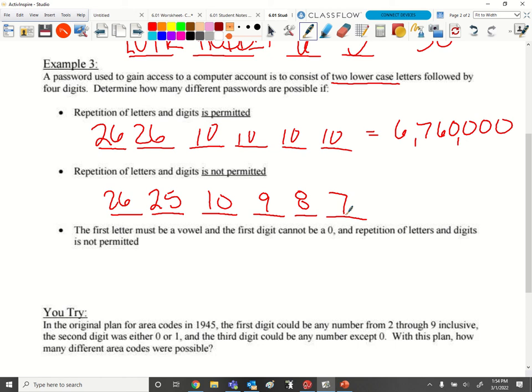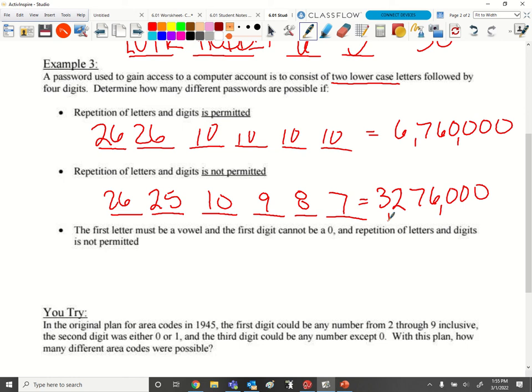All right, put it in your calculator. And the final result is 3,276,000 different combinations.